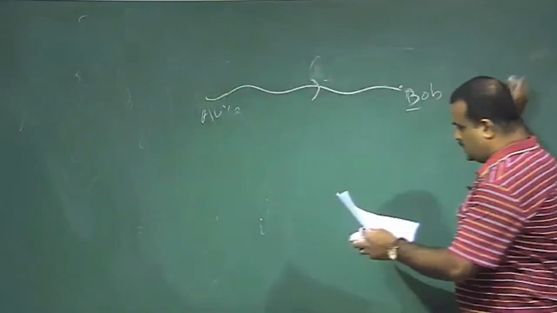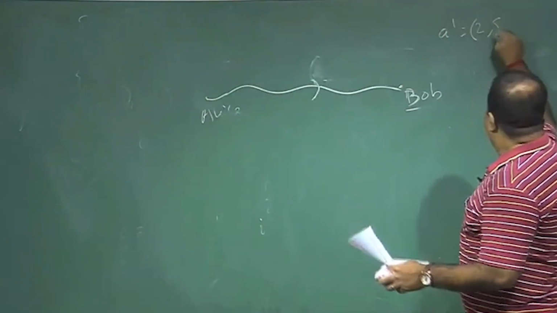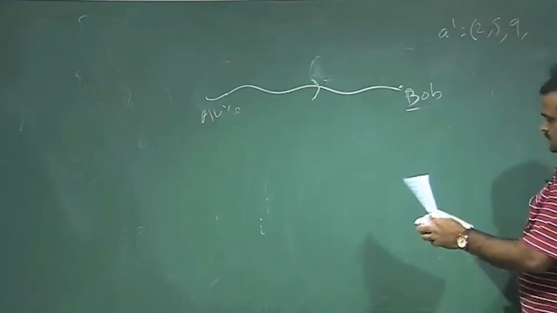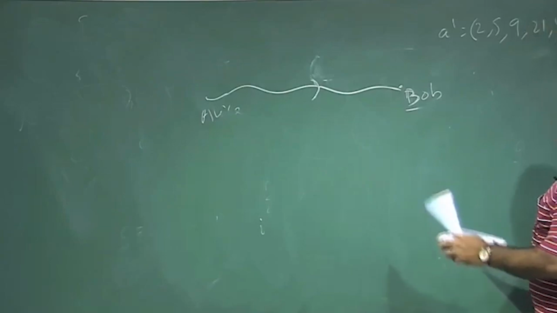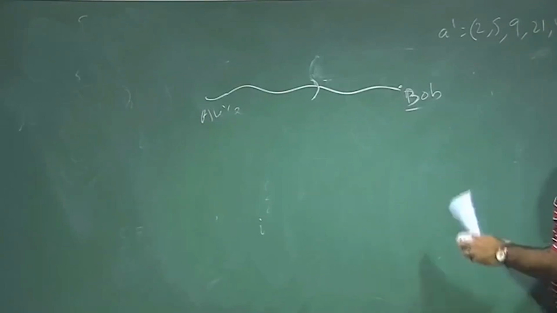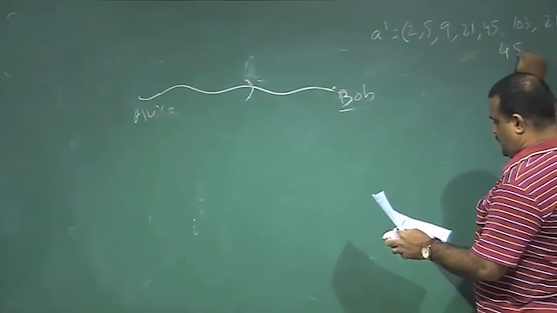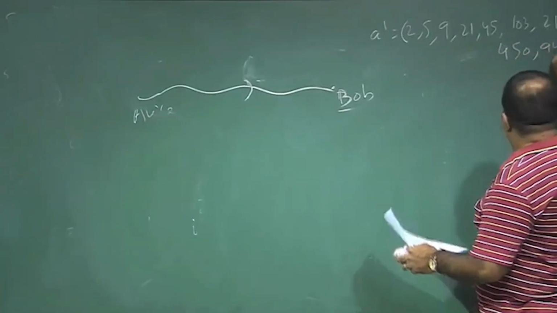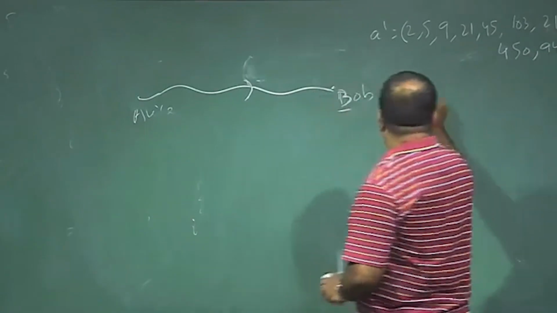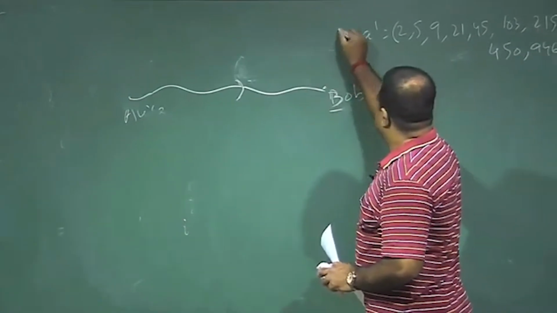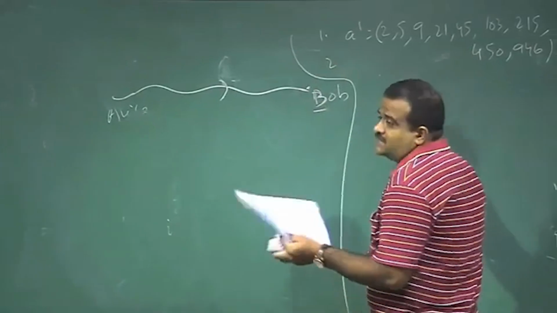Bob is choosing a super increasing sequence A prime, say 2, 5, 9, 21, 45, 103, 215, 450, 946. One can easily verify this is a super increasing sequence. This setup is done by Bob.